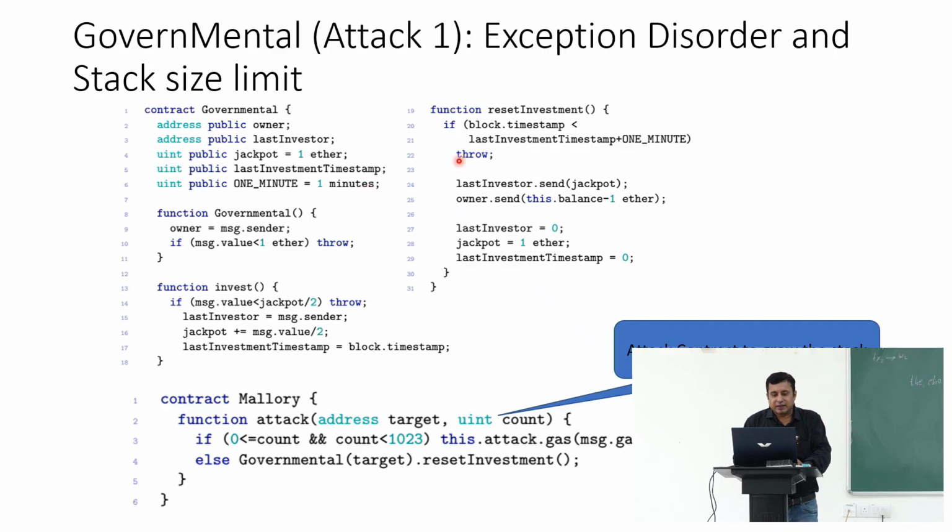And when line number 24 is invoked, the last investor will get the jackpot value. But there is no last investor in this case, because the stack size is 0. The attacker is continuously growing that stack value. Ultimately, the jackpot value will always be added.